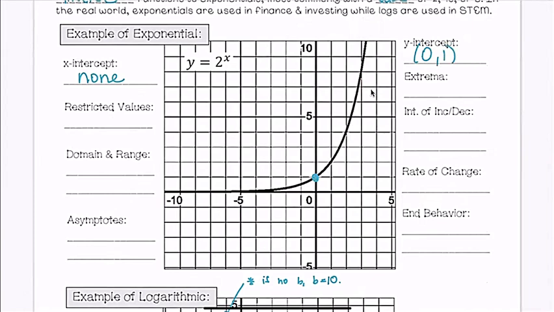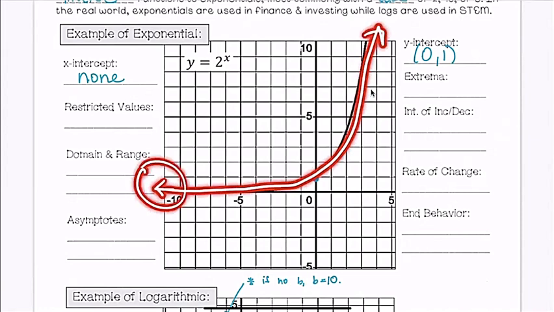Next down, we have restricted values. Remember, restricted values we first learned about in rational functions. They are wherever the domain of our graph does not exist. So it's anywhere along the x-axis that the graph doesn't go. If you look at our graph, it goes in this direction, and it keeps going. Then it goes up in this direction.